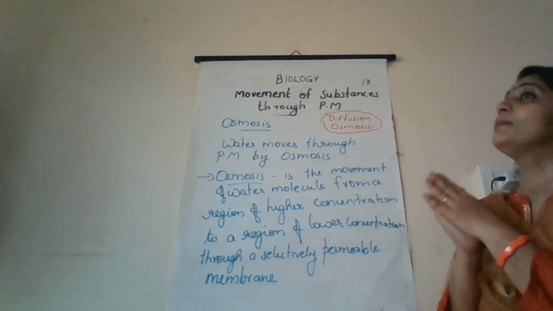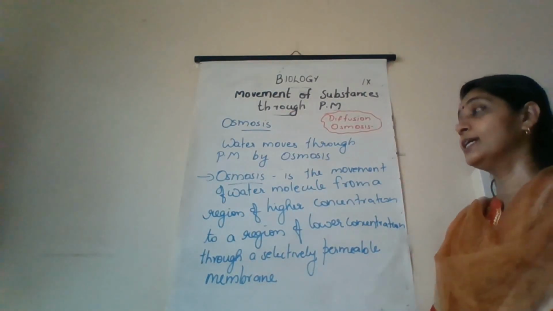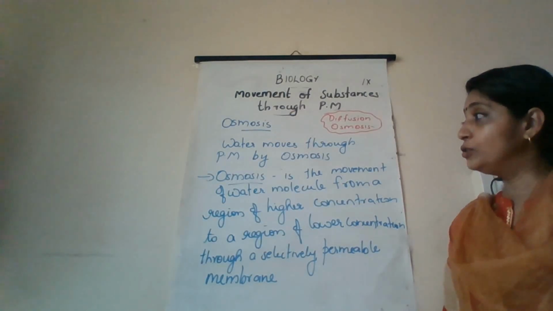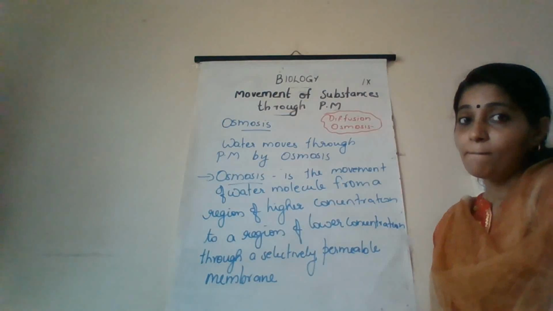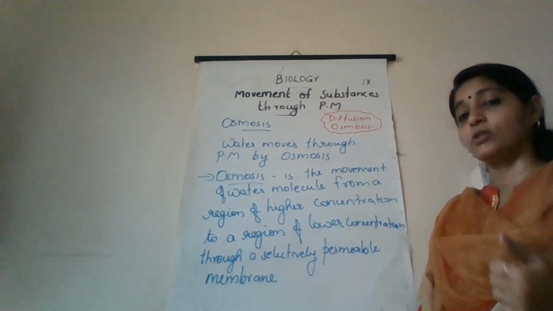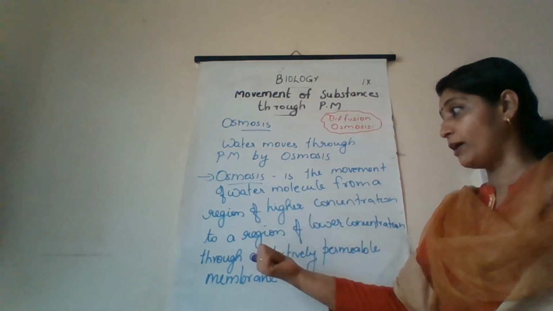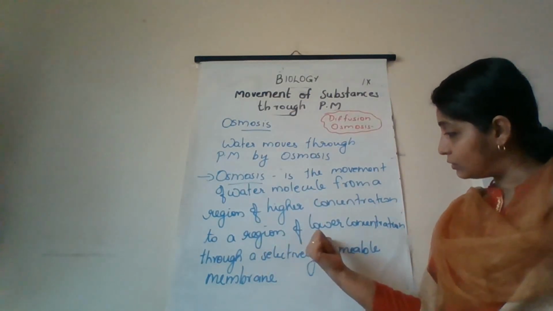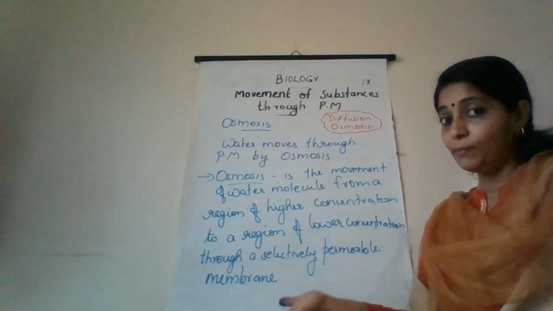Usually the water molecules move in and out of the cell through the plasma membrane by the process of osmosis. So osmosis is the movement of water molecules from a region of higher concentration to a region of lower concentration through a selectively permeable membrane.